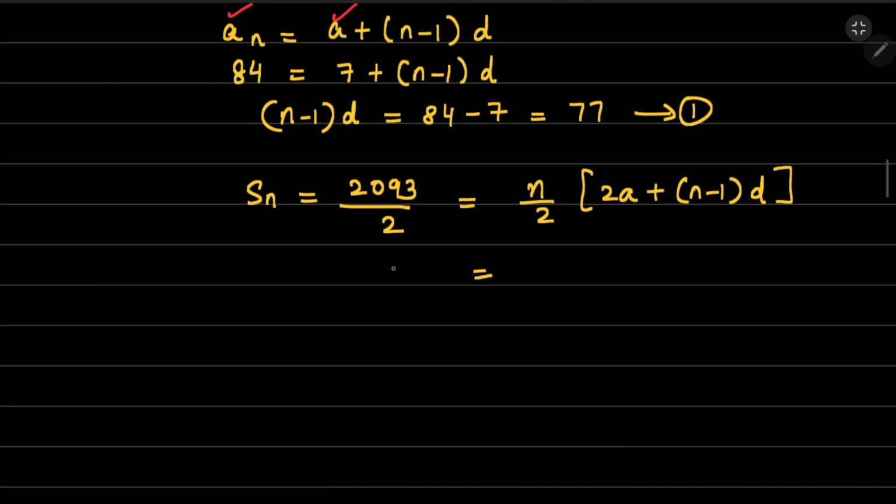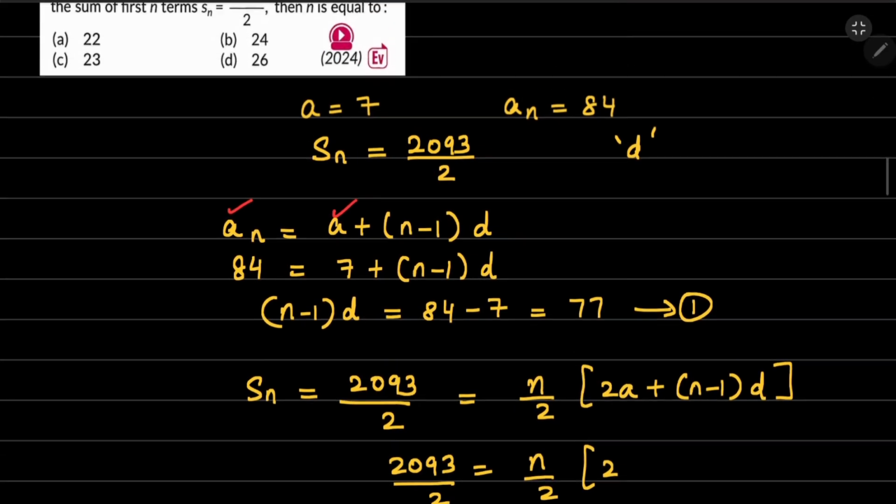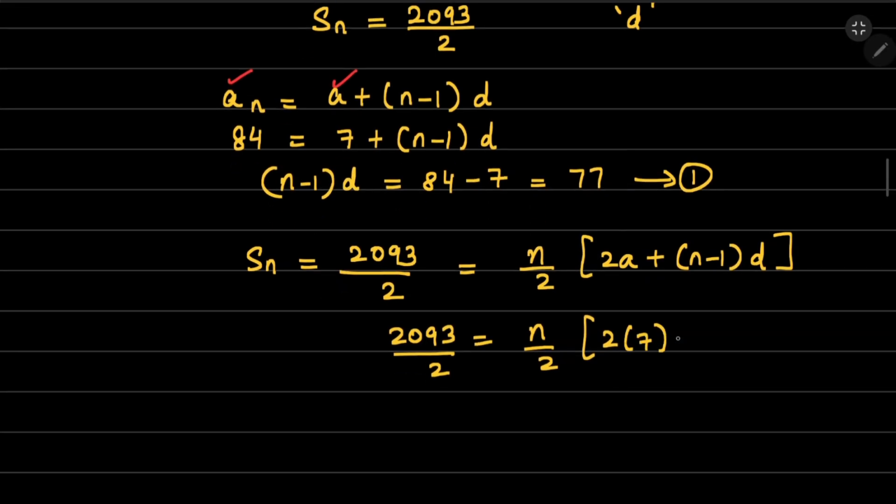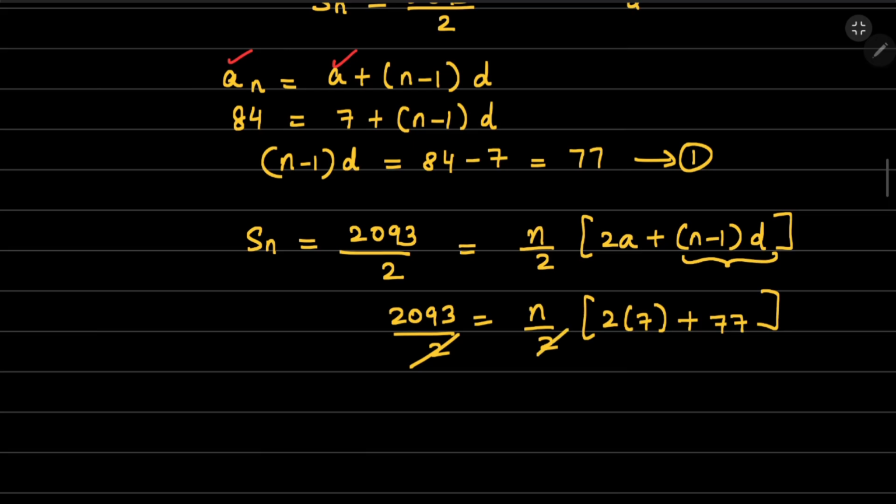So 2093 by 2 is equal to n by 2 into 2a, where a is 7, so 2 into 7, plus, in place of n minus 1 into D, I am going to write 77 from equation 1. The 2 will get cancelled on either side. 2093 is equal to n into 14 plus 77.